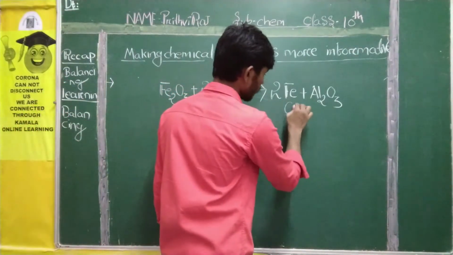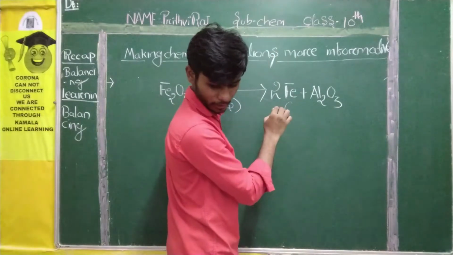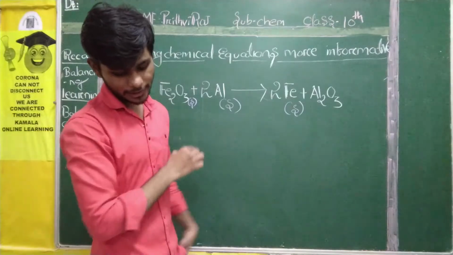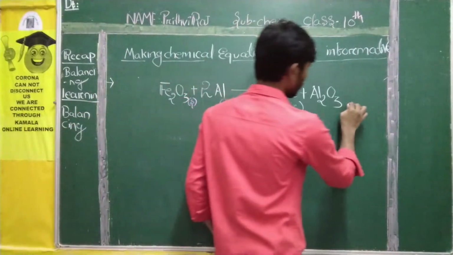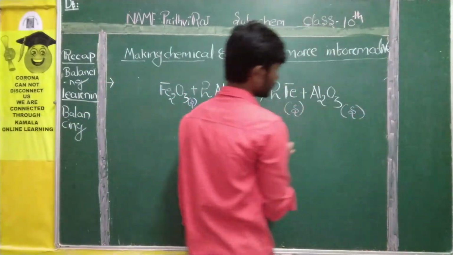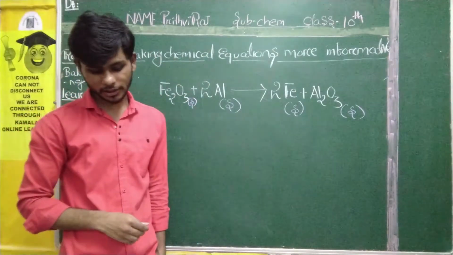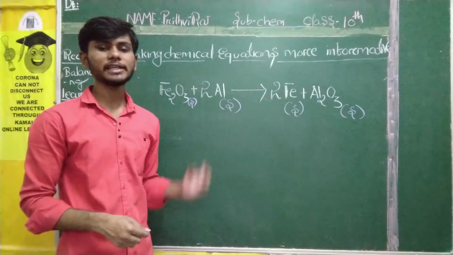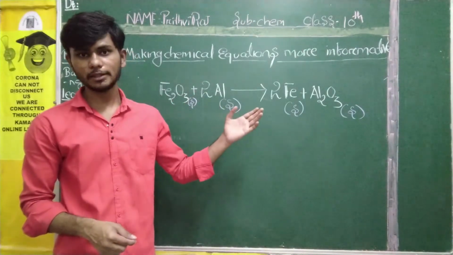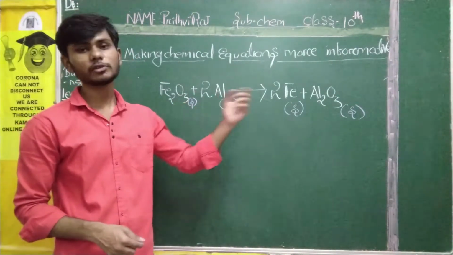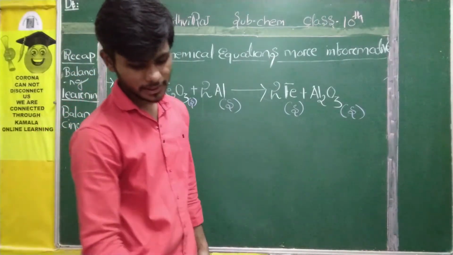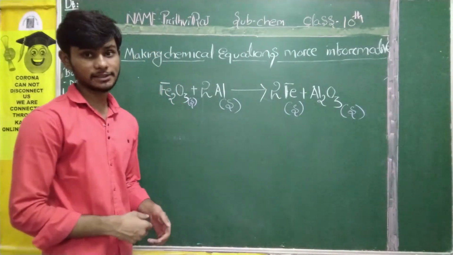Fe is a solid, and aluminum oxide is also a solid compound, so you write S. So you have represented all the physical states involved on the product and reactant side: solid, solid, solid and solid. Next, expressing the heat changes.